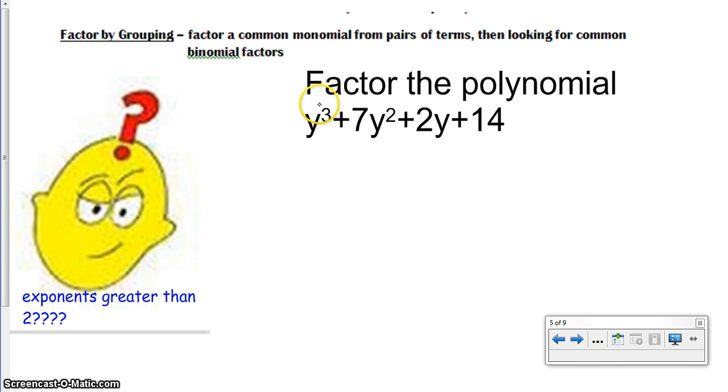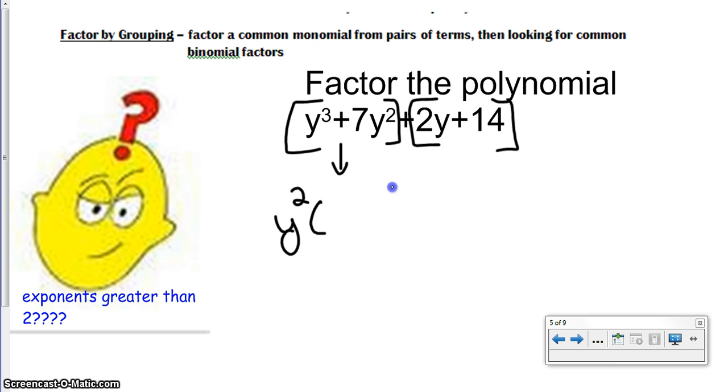The first thing she does is she groups the cube term and the square term, and she groups the single variable term and the constant. And then she says, hey, does this have a common factor? Of course it does. Y squared. What is the remaining sum? Y plus 7.